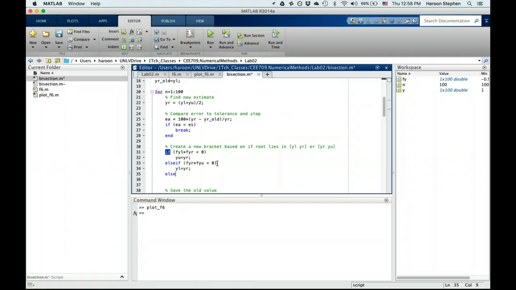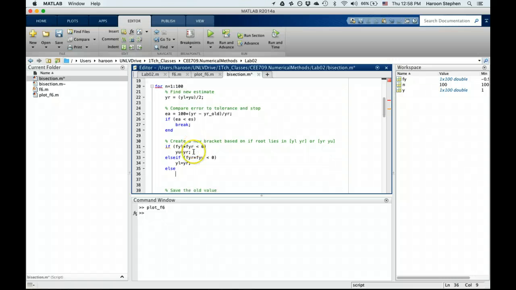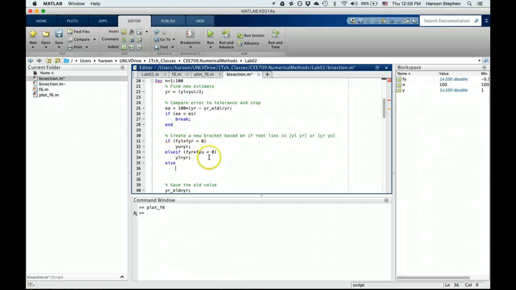And if both of these conditions are not satisfied, most likely the product is equal to 0, and so we have reached our solution. So we can just say, you know what, the error has become 0, and I can end the loop. So you can see this is a very lengthy if-else statement where I have a built-in second level if-else statement.